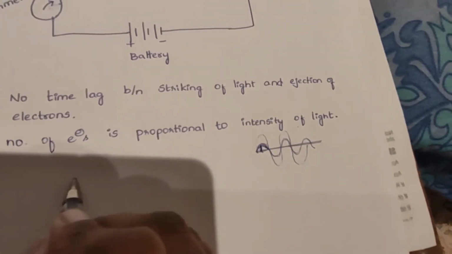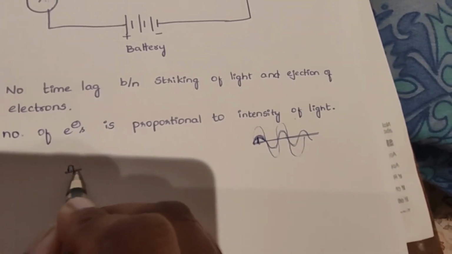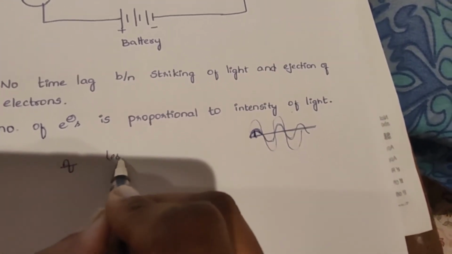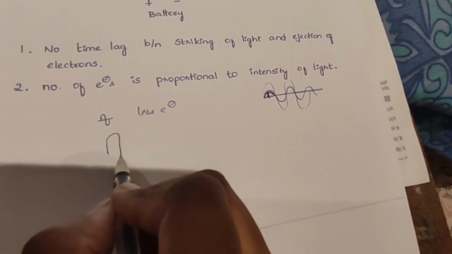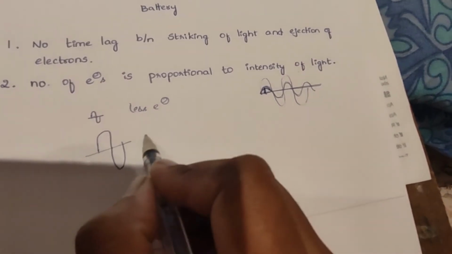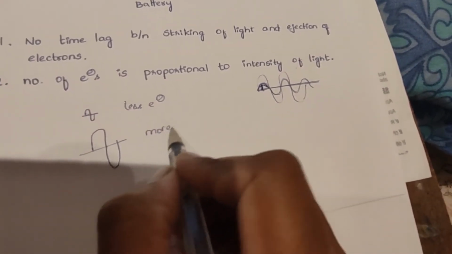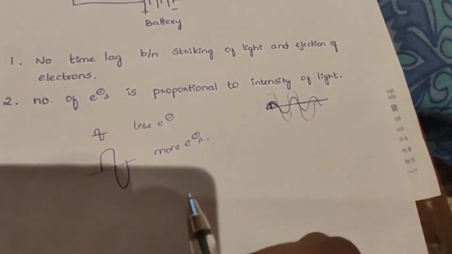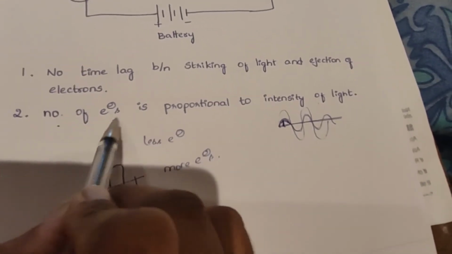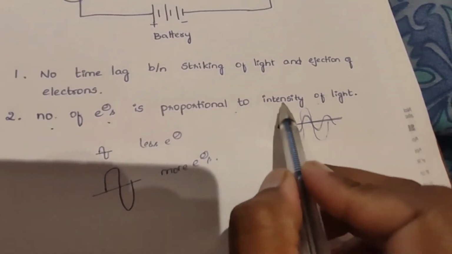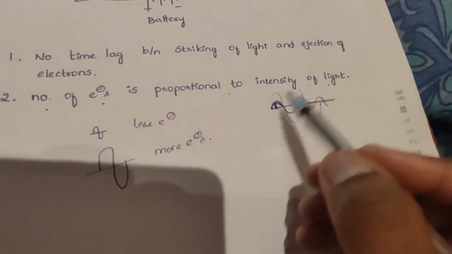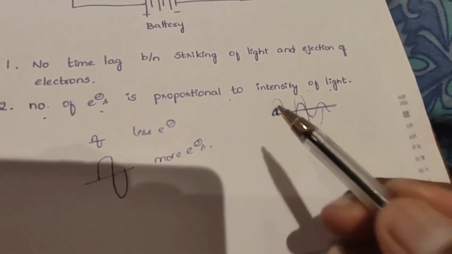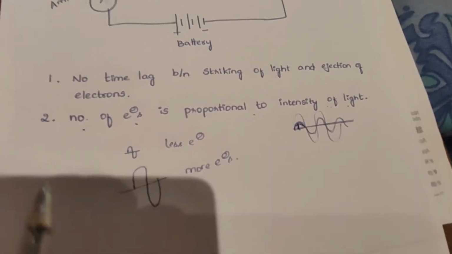So the shorter the amplitude, fewer electrons are ejected. The greater the amplitude, more electrons are ejected. So the number of electrons is proportional to the intensity of light. This is also known as brightness of light or light amplitude.